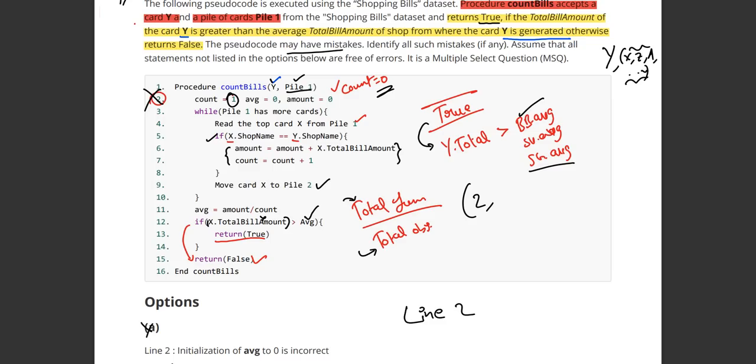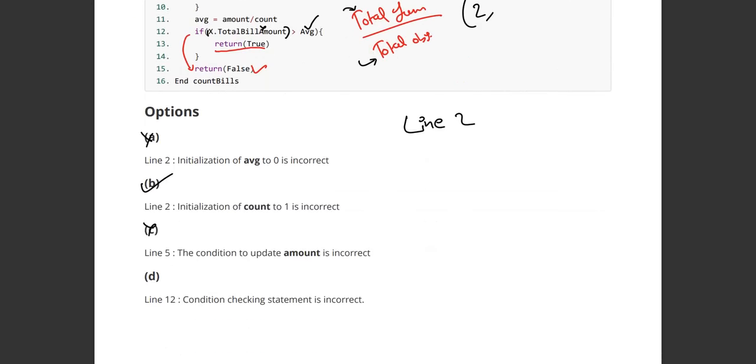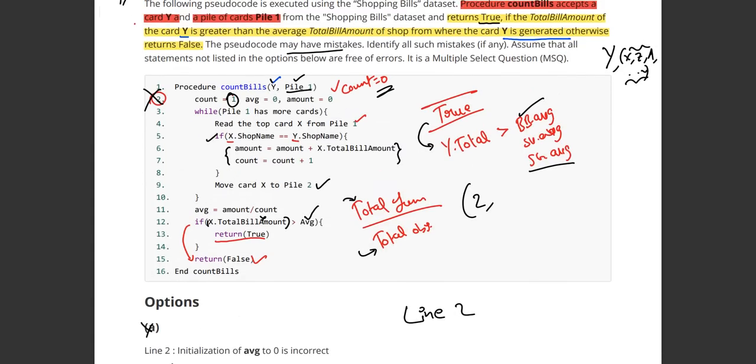So line number 12 is also not a mistake, if I am not wrong. They are telling that the condition checking statement is incorrect, but it is from the same shop, right? As both are from the same shop, it would be correct.